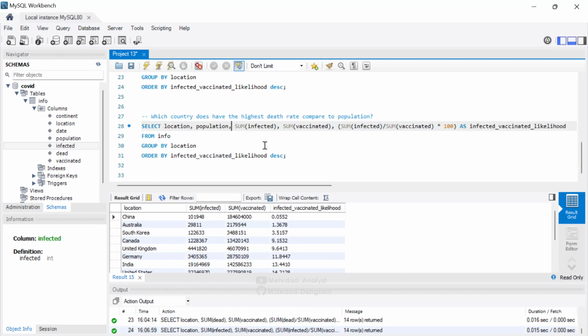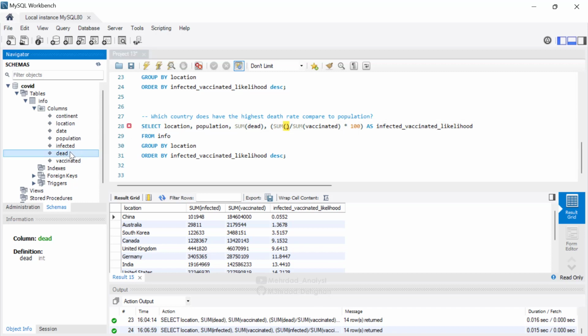About the infected, we don't need the infected, just dead, and we don't need the vaccinated. I just need to sum dead.